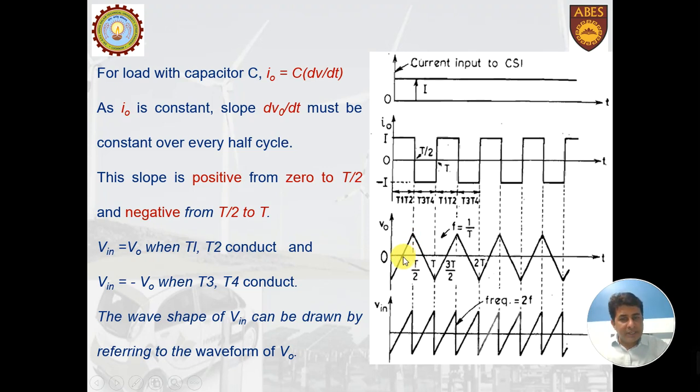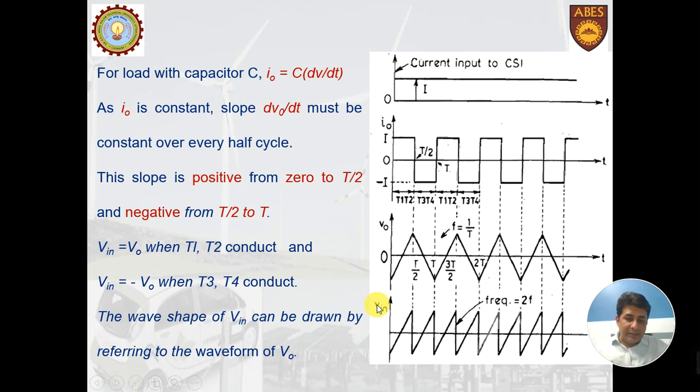This output voltage and this current have a phase angle between them, and this angle exists because of the load. Now if you carefully look at the output voltage, you will be able to find out the wave shape of the input.